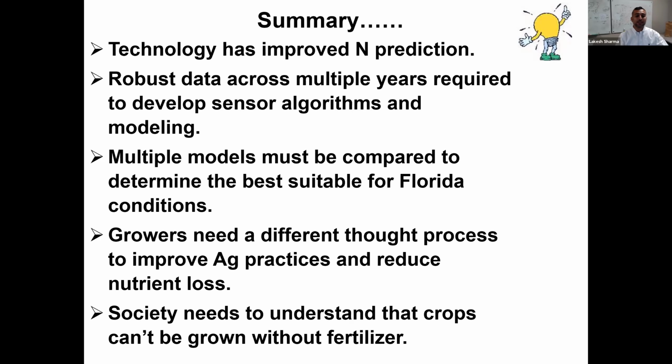So if you're a farmer and you want to adopt these practices, there is definitely an edge to improve your nitrogen management. And society needs to understand that crops cannot be grown without fertilizer, which I showed in the first of my slides, where if we do not use synthetic fertilizer, half of the population on the earth would be left unfed.